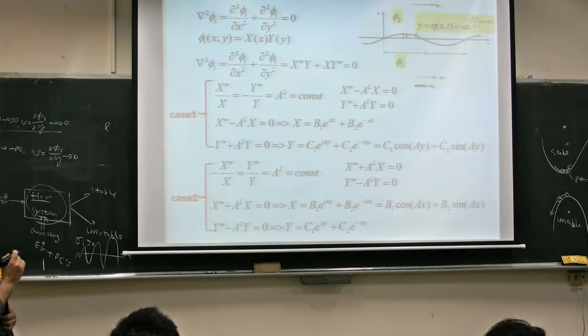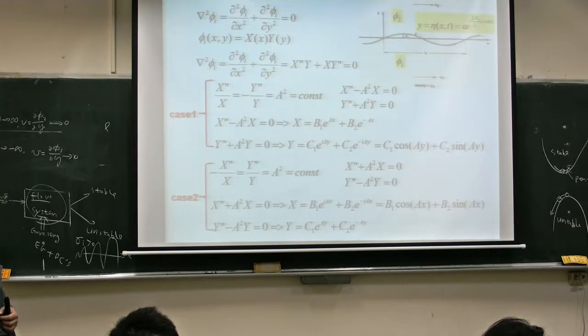And once you use case 1, you have two ODEs to solve, right? X double prime is equal to a squared X, and Y double prime plus a squared Y equals 0. This ODE gives you the solution form as an exponential function, and this ODE here gives you the sine cosine function, right? Sine cosine function because of y.